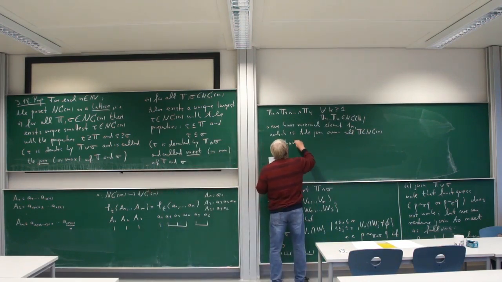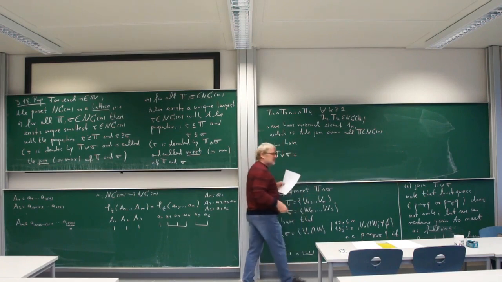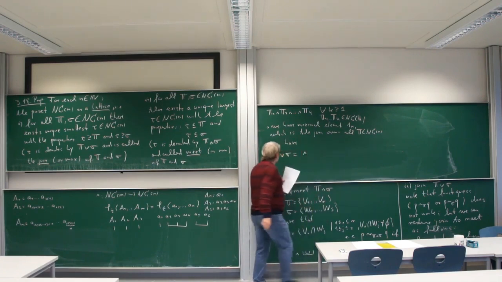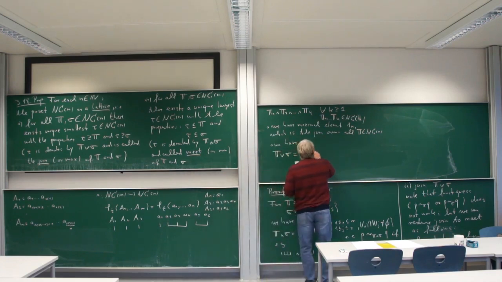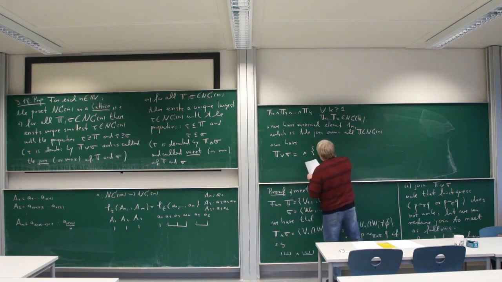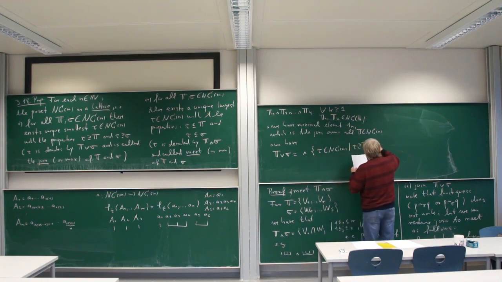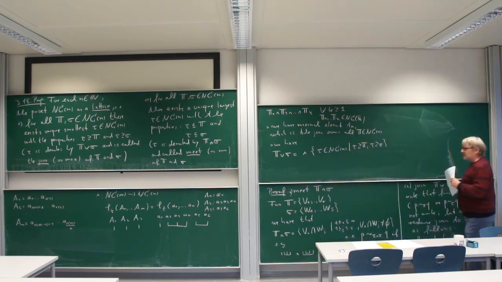So then the join of pi and sigma, which we have to define, should be the smallest element, so it should be the meet of all taus in NC(n) such that tau is greater or equal than pi and tau is greater or equal than sigma. I mean this is just a definition of the join.